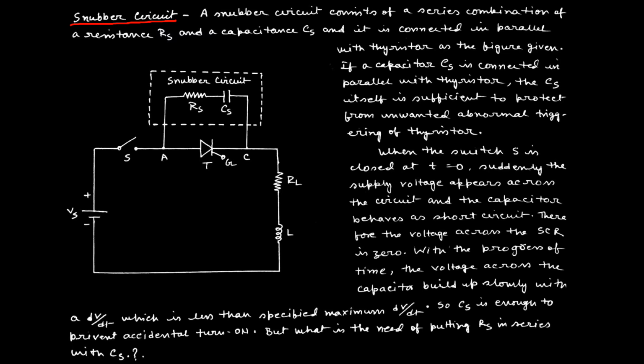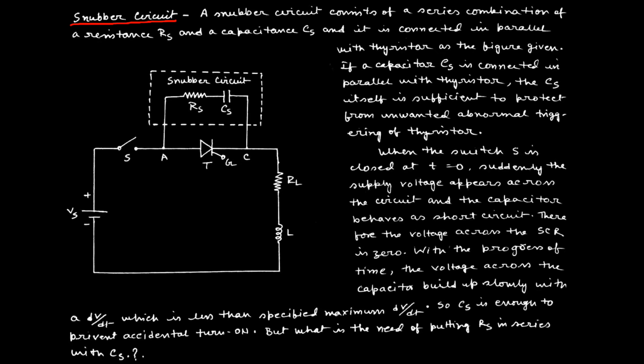Therefore, the voltage across the SCR is 0. With the progress of time, the voltage across the capacitor builds up slowly with a dV/dt which is less than the specified maximum dV/dt. So, Cs is enough to protect against accidental turn-on.